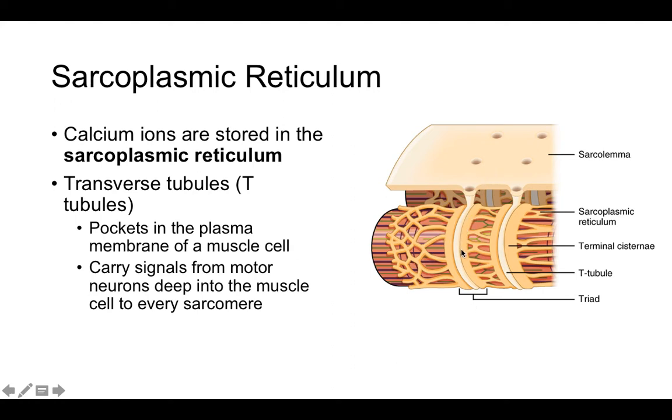We have what are called T-tubules and terminal cisternae. The T-tubules on each side and the terminal cisternae make what we call the triad, and this is where the calcium is stored. When the motor neuron activates this particular sarcomere, the calcium is released and then binds to the troponin-tropomyosin. The myosin head can bind to the actin, and contraction occurs.